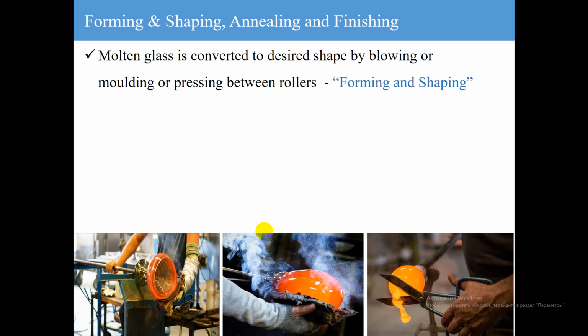In order to shape glass into the various products with which we are familiar, the glass must be heated to an elevated temperature. Molten glass is converted to the desired shape by blowing, molding, or pressing between rollers.